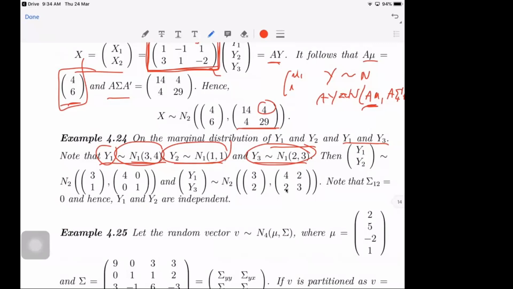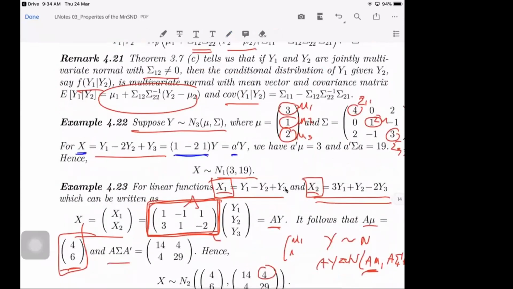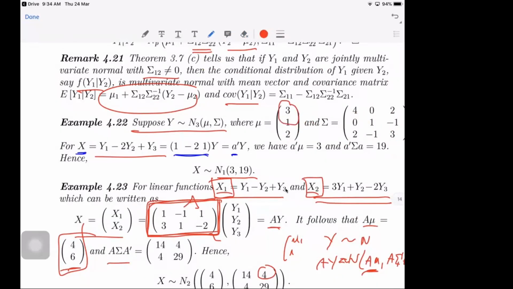So what we want is the marginal distribution or the joint distribution of Y1 and Y2. So this is the joint distribution of Y1 and Y2. You still get these entries here in your covariance matrix. So the mean for Y1 and Y2 will be (3, 1).